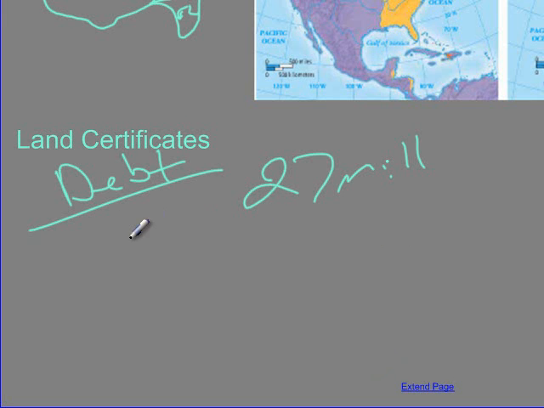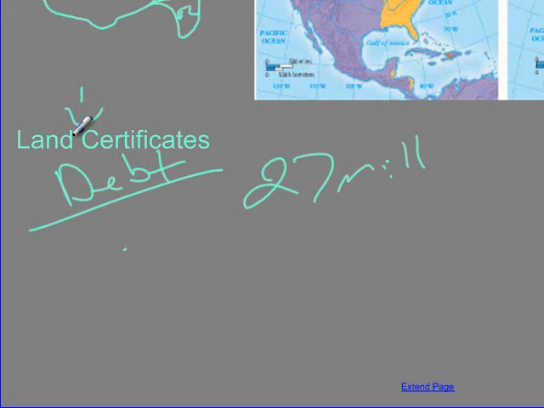So what the American government at first tries to do is sell or pay off soldiers with land certificates, which isn't really the best option for these soldiers because these soldiers need to eat and buy clothing and stuff, and you can't really buy clothing with land, and you can't really eat land.